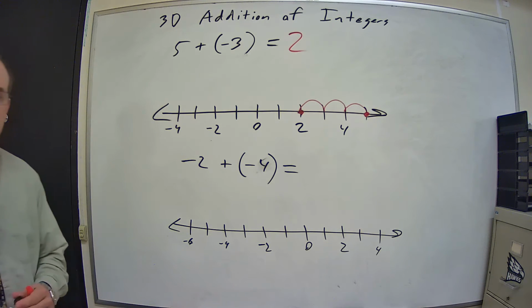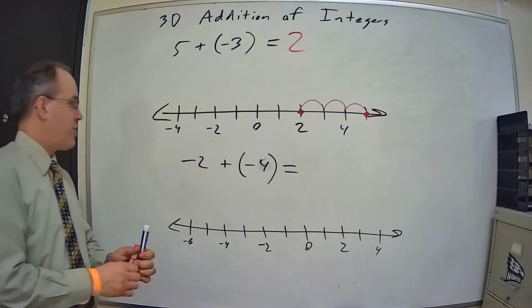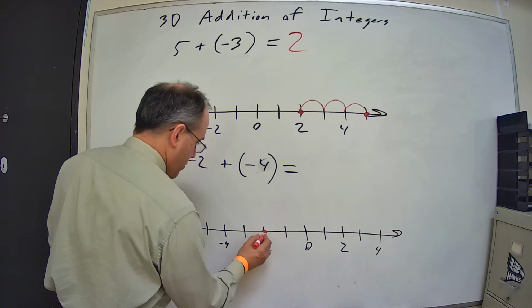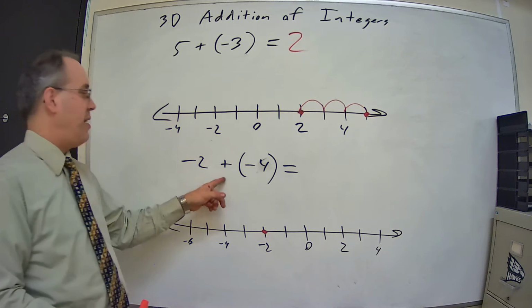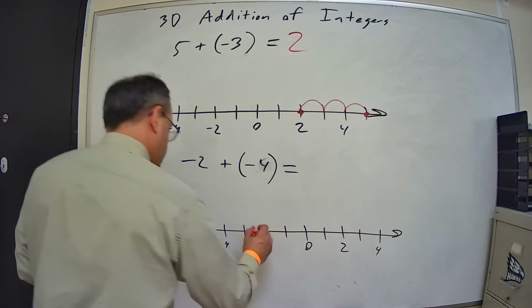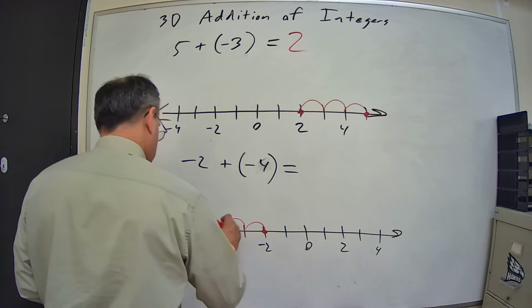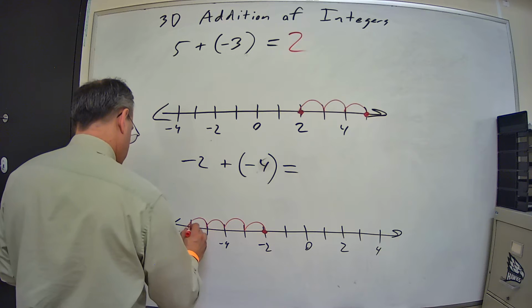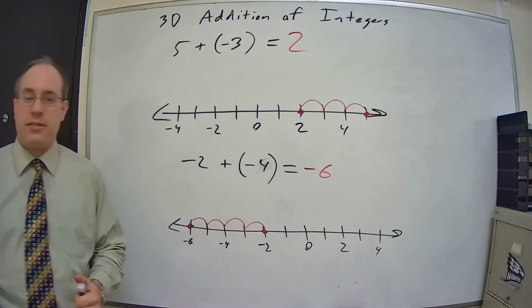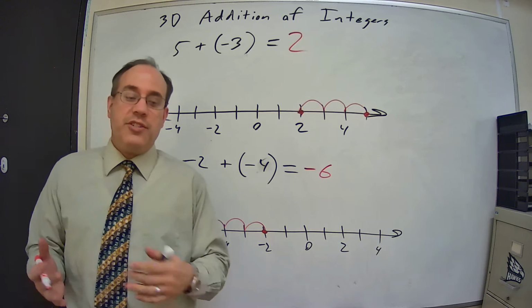Okay, so I've got my number line. So we're going to start at this negative 2. And then we add a negative 4. That negative 4 is going to move us to the left by 4. So that's 1, 2, 3, 4, resulting in negative 6. So that's using a number line.